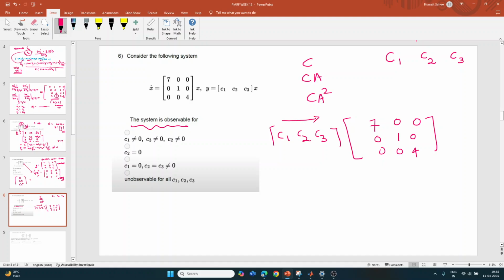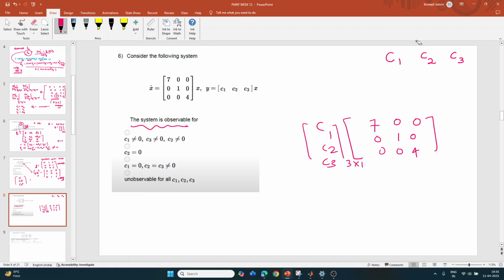Sorry, this is the transpose. What is that? C transpose A transpose. If the matrix is like that, you have to make the transpose. It will be C1, C2, and C3, 3 cross 1.